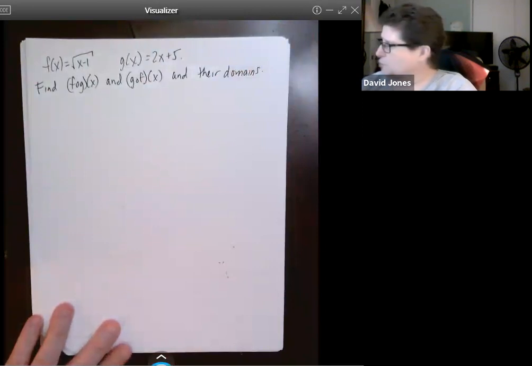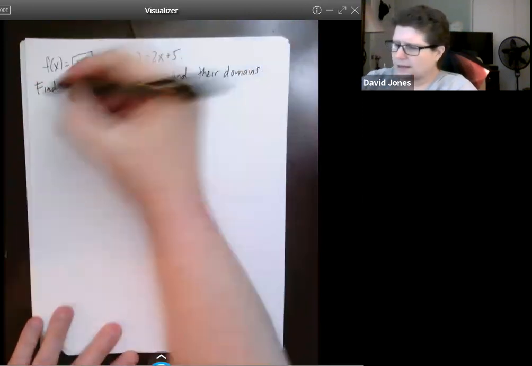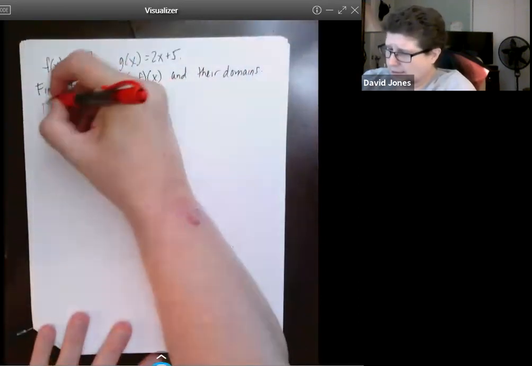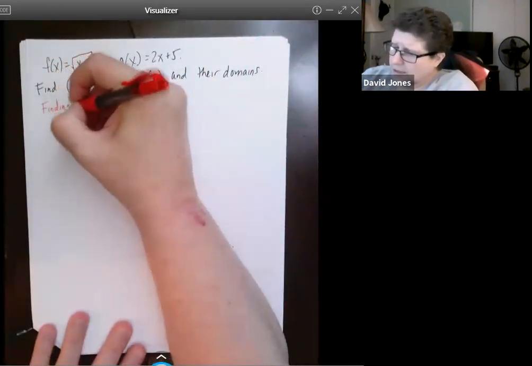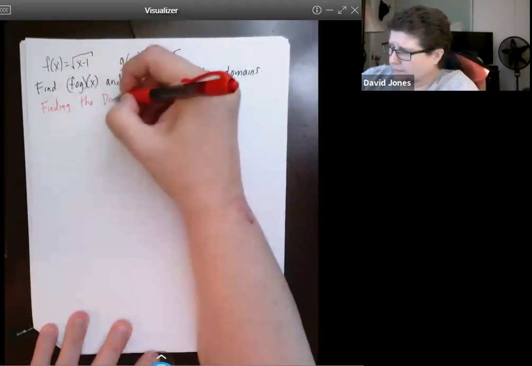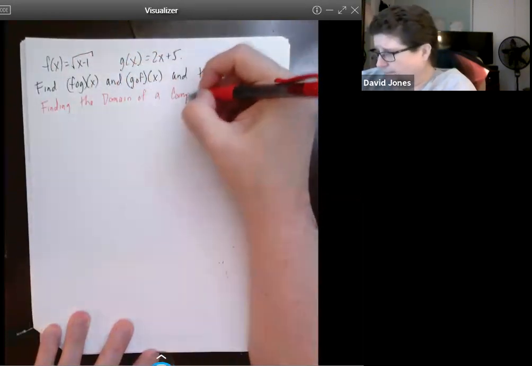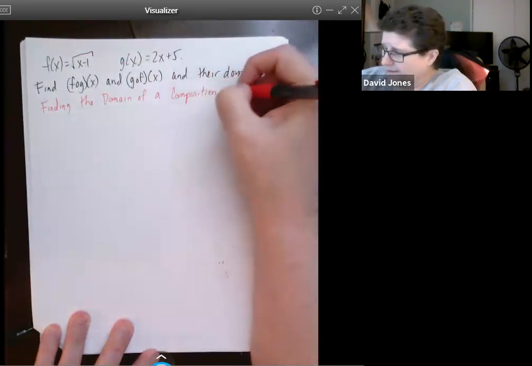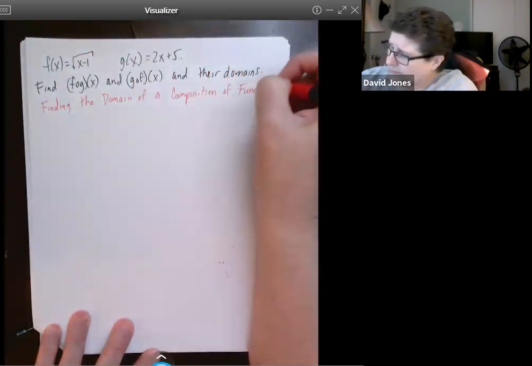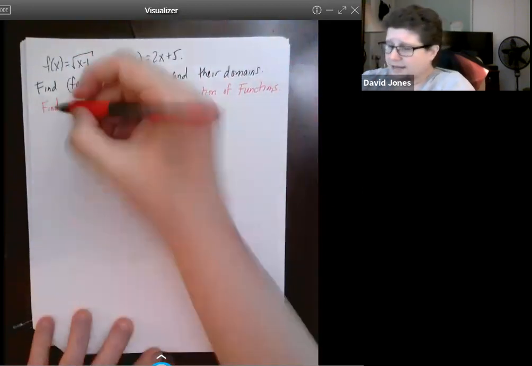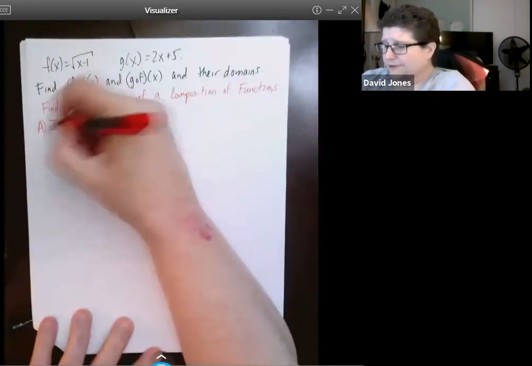And the way we find the domain of a composition of functions: identify the domain of the inner function first.